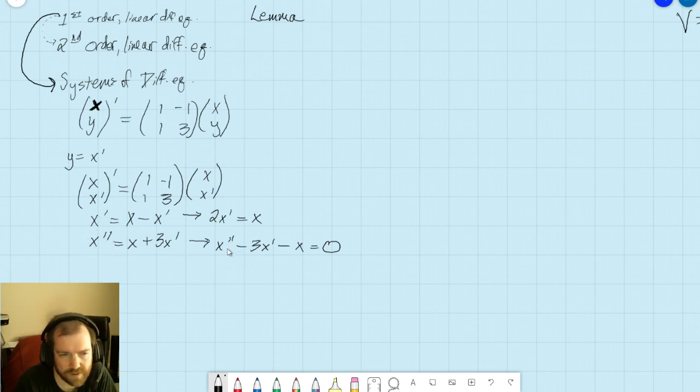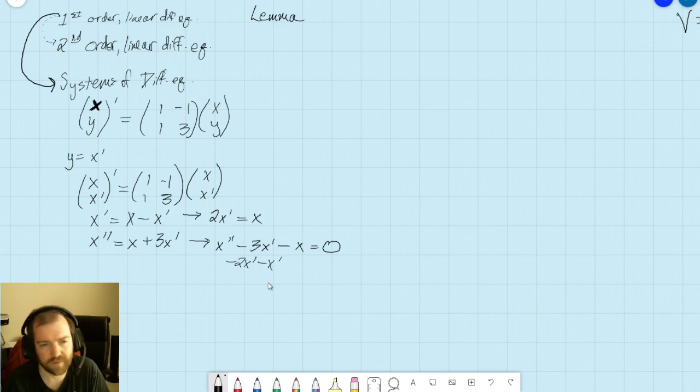However, when we see this, x double prime minus 3x prime, if 2x prime is equal to x, okay, let's do this. Let's make this a minus 2x prime minus 1x prime.